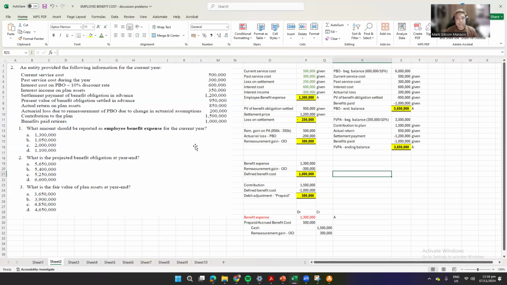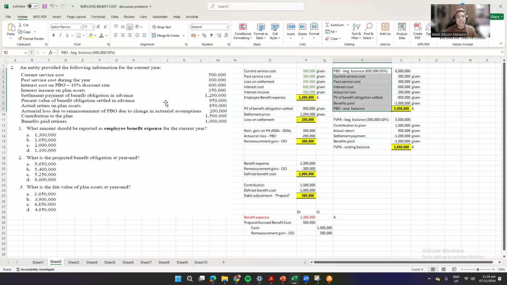Next, let's look at the projected benefit obligation at year end. So ito, class, remember, we also have a template. Pero in this case, pansinin, hindi given yung projected benefit obligation natin beginning balance. Pero we have a way to compute for that. Kasi kung naalala mo dun sa problem 1, paano nga natin na kinompute yung interest expense? Diba? Sabi natin, interest expense is simply your PBO multiplied by the discount rate.